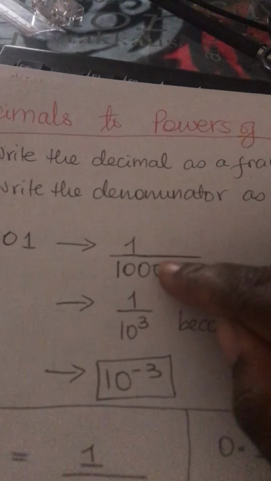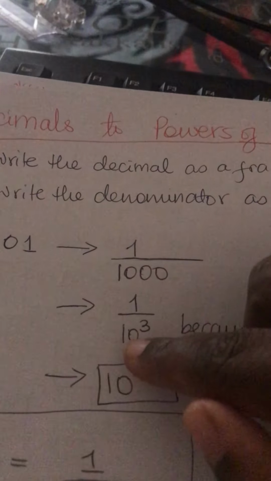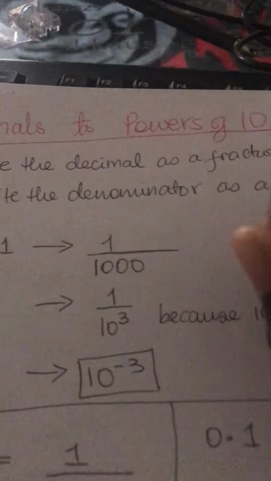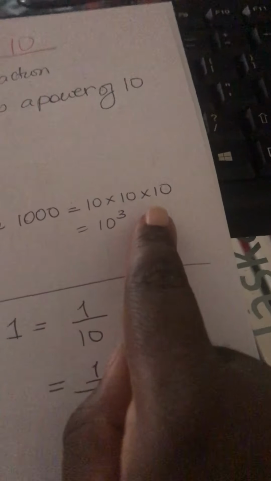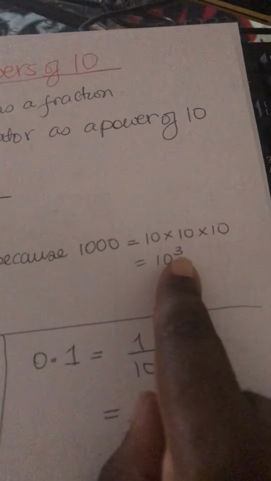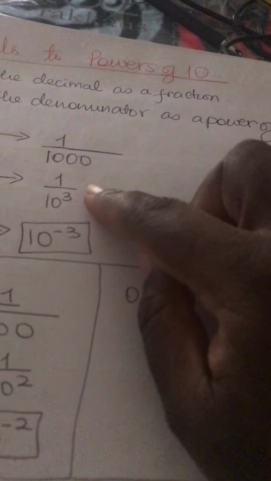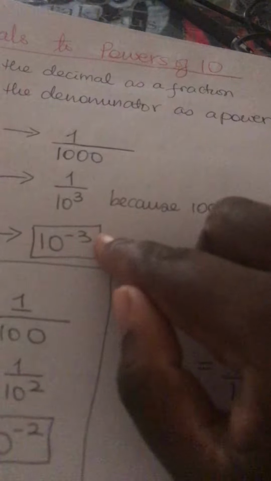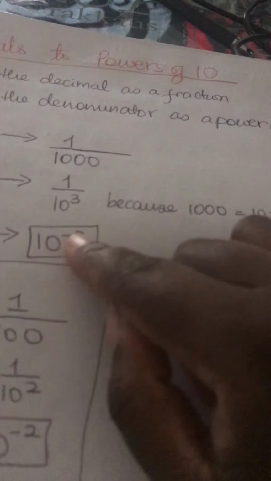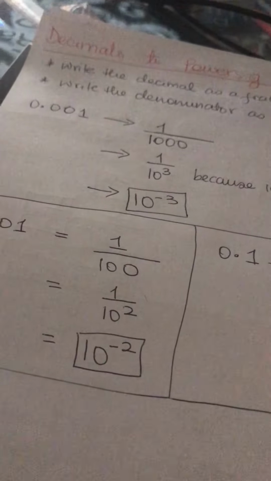And how do I write 1,000? 1,000 changes to become 10 to the third power. How do I know? Because 10 times 10 times 10 is 10 to the third power. Okay? And 10 times 10 times 10 is 1,000. Okay. So now, since it is 1 out of 10 to the third power, I can write it with a negative exponent, which is just 10 to the negative third power.